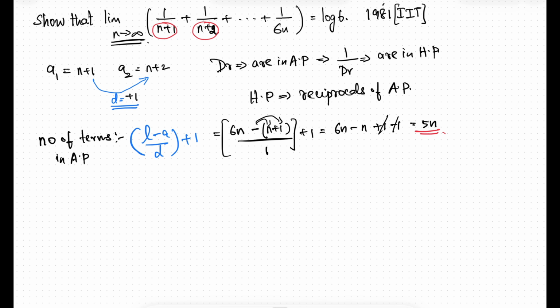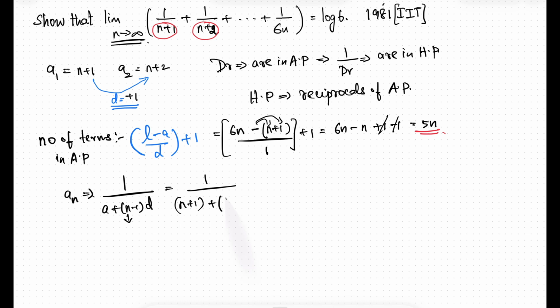Now coming back to the general term. The general term for an HP is given by the reciprocal of the general term of an AP, which is A plus (n minus 1) times d. So A is n plus 1. Now we can't use the same n, since n is already taken, so we'll have to use another variable.